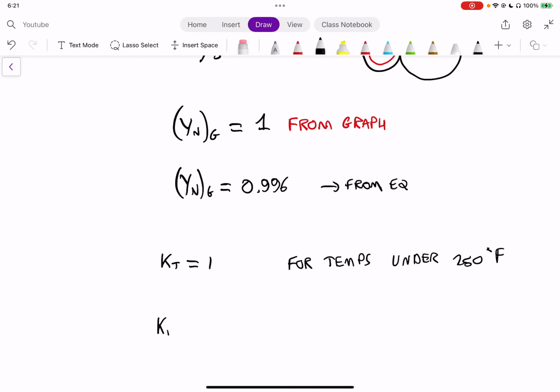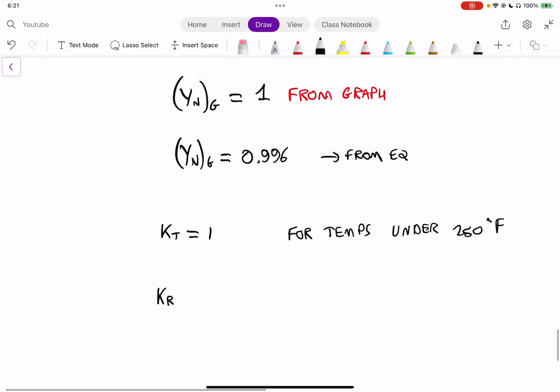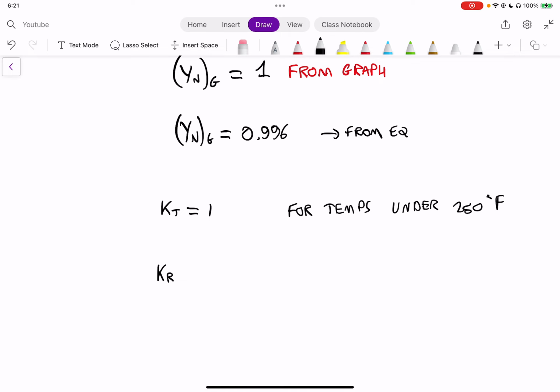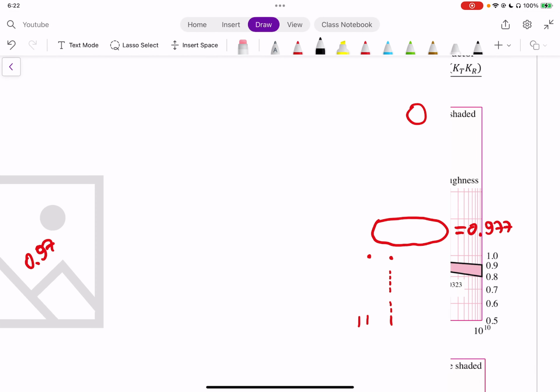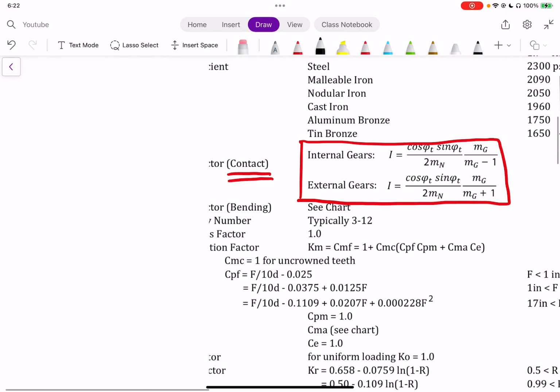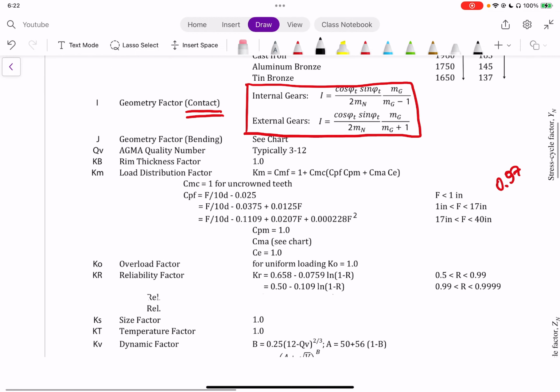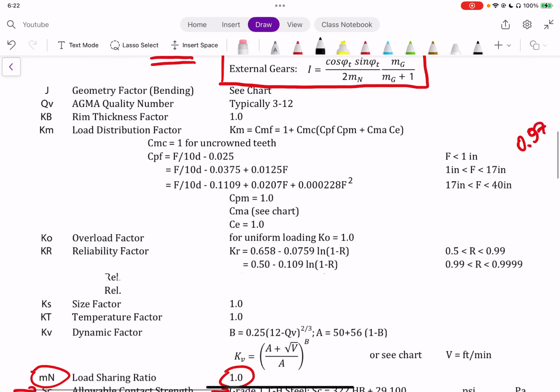The last one is KR, and KR is a reliability factor, and it's based on the reliability that your system has. And we're told in our question, if you go back to our question prompt, that our reliability is 0.9. So if we go to our formula sheet, once again, we have a summary for our reliability factor. We can solve for different values based on these equations right here.